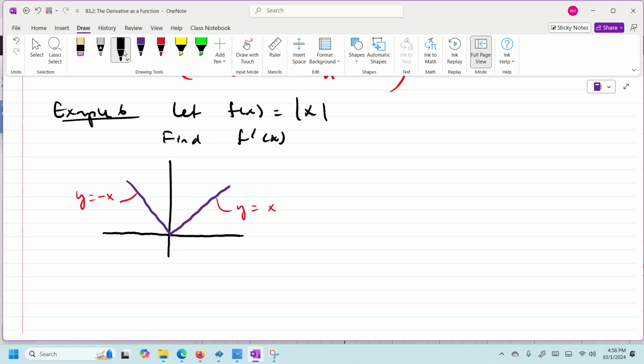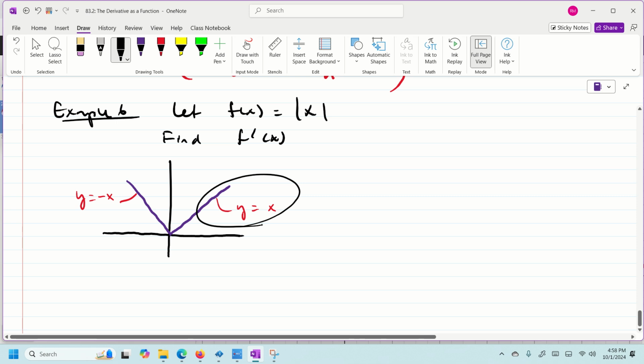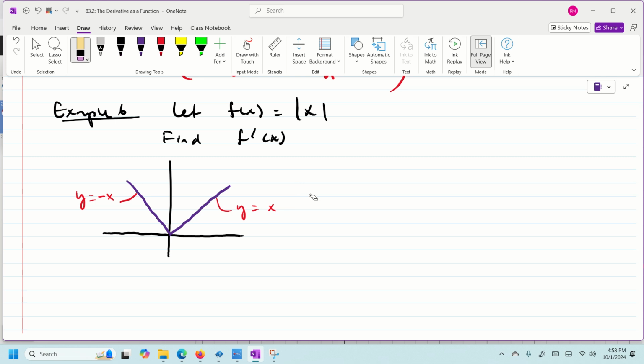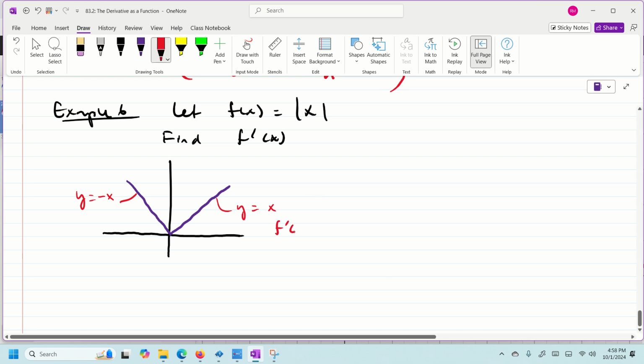For our derivative on the right hand side, it's the slope of the tangent line to the function y equals x. But if you have a line, the slope of the tangent line is simply going to be the slope of the line. For the line y equals 1x, the slope is 1. So for the right-hand side, the derivative is equal to positive 1.